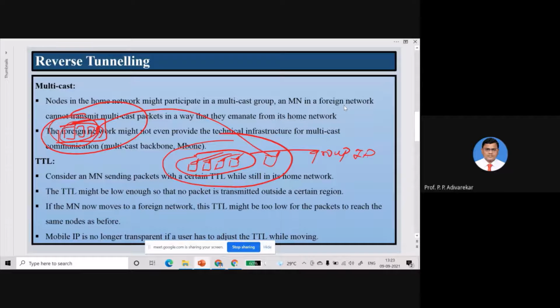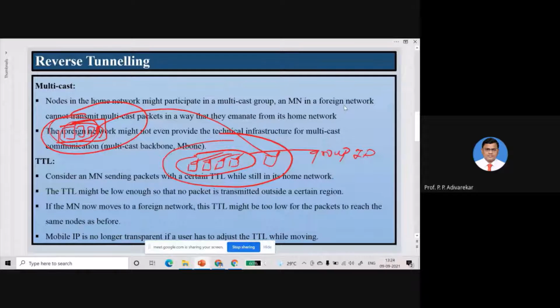Okay, why does this happen? Because foreign networks might not even provide the technical infrastructure required for communication. Technical infrastructure means the multicast backbone network, which is required to support multicasting within the network. In order to implement multicasting in a network, specific hardware is required which will be able to deliver packets to all the nodes within the same multicast group.